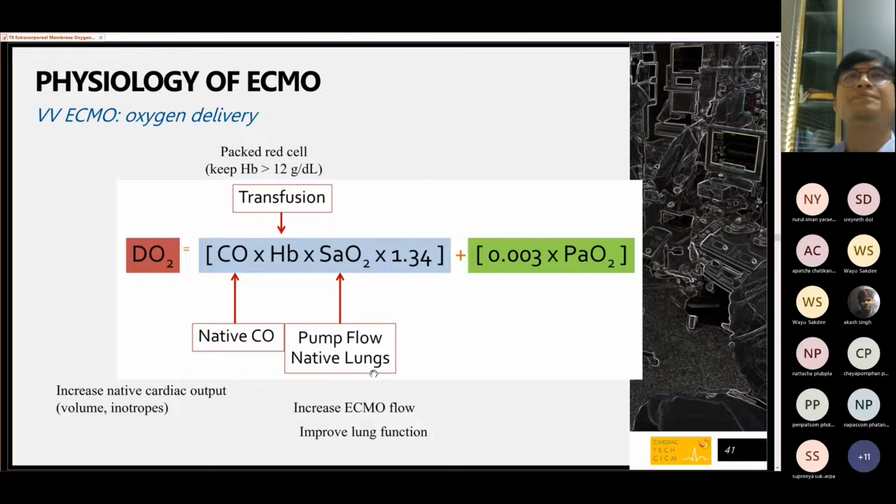From the same equation, we compare with VV ECMO.